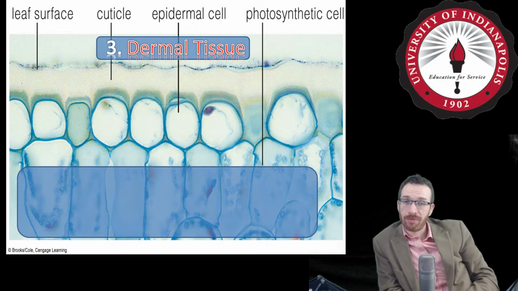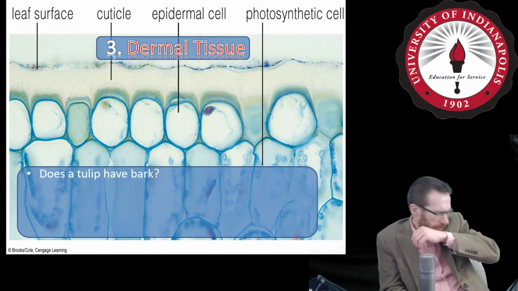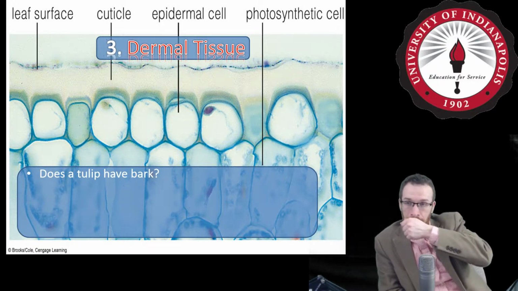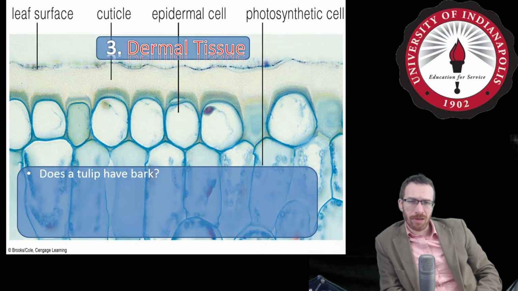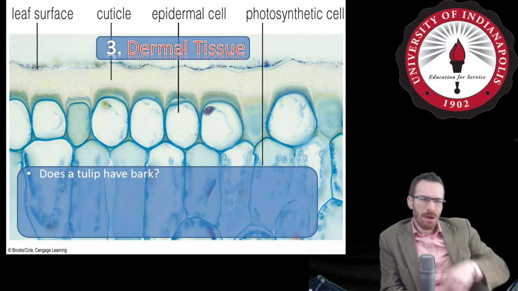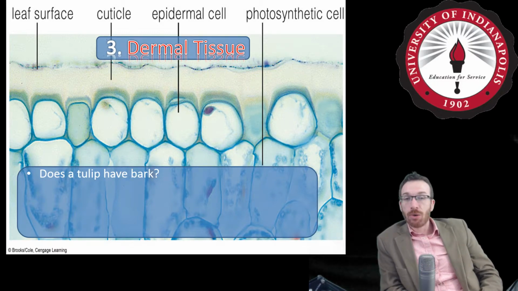So our last type of tissue in plants is dermal tissue. Dermal tissue is usually epidermis. So if you think about it, does a tulip have bark? No, it does not.